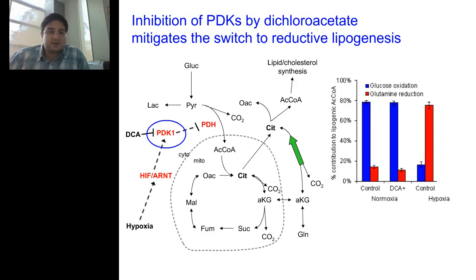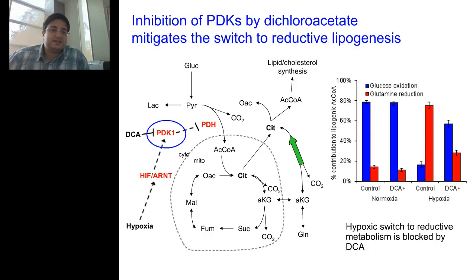Under hypoxia, we see that this glutamine pathway is highly upregulated. But if we treat cells with DCA, which in animal models exhibits anti-tumor activity, we blunt this switch to the use of glutamine for lipid synthesis and force cells to use more glucose, as shown here.